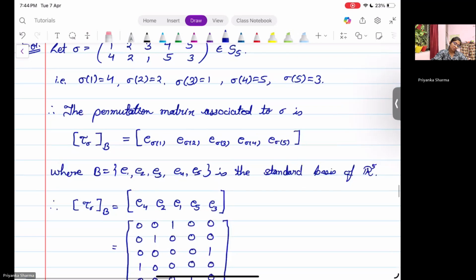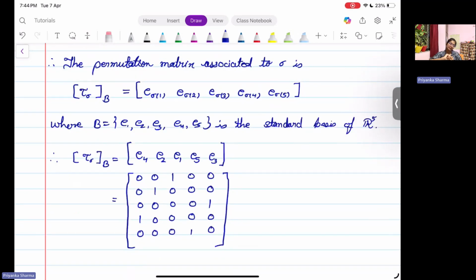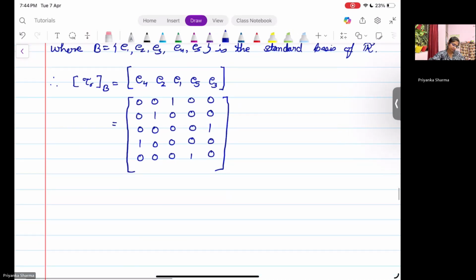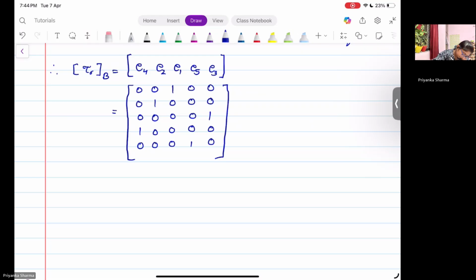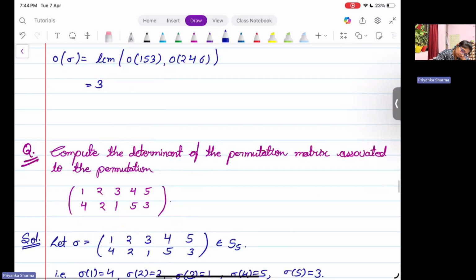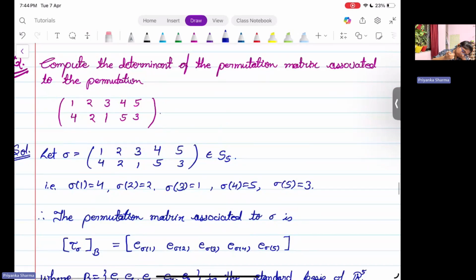Okay. So we need to find the determinant of this. In the question, the determinant is asked, not the permutation matrix.